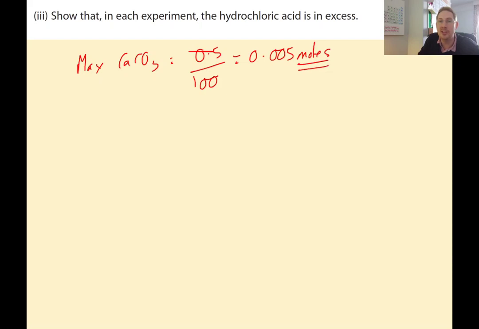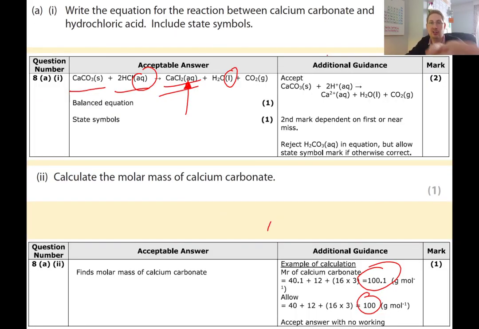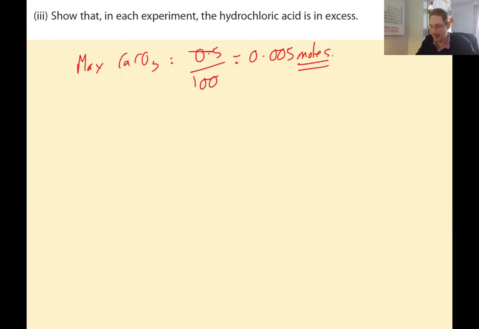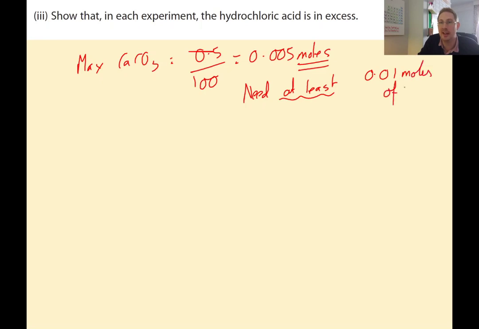You've also got to take into account the fact that it is a 2-to-1 ratio. That means you always need at least 0.01 moles of HCl.